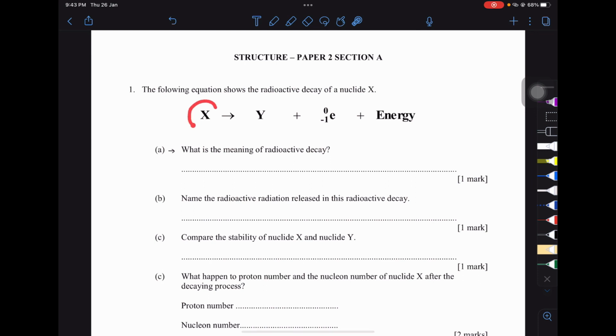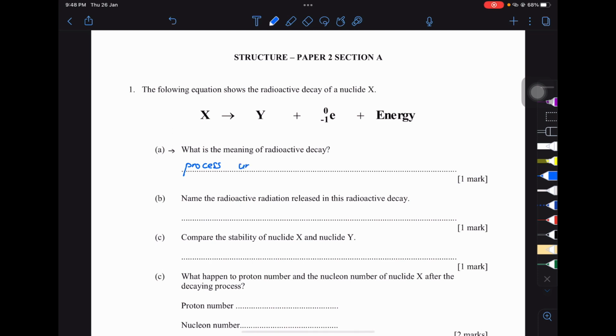This is X. What is the meaning of radioactive decay? So radioactive decay is a process.